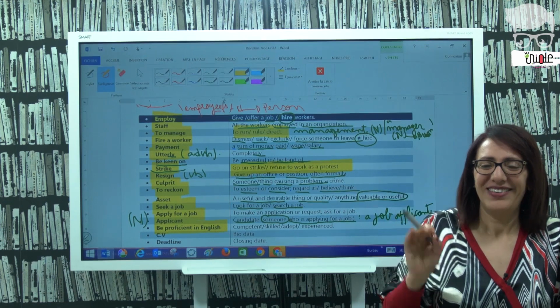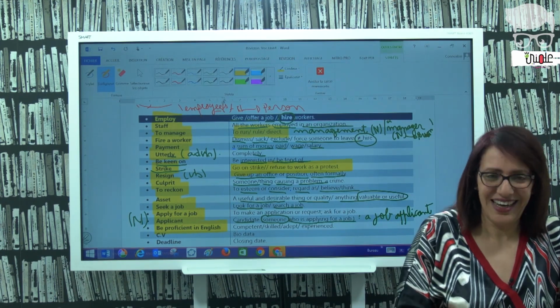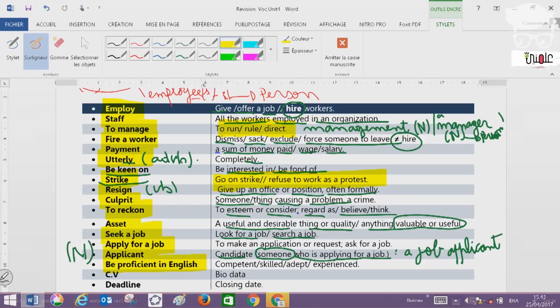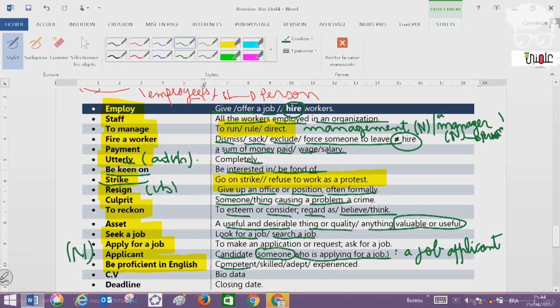So to be proficient in English or any other language. It's a whole expression: to be competent, skilled, adept, experienced.